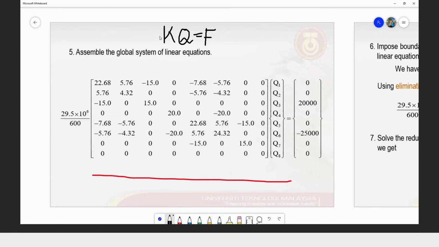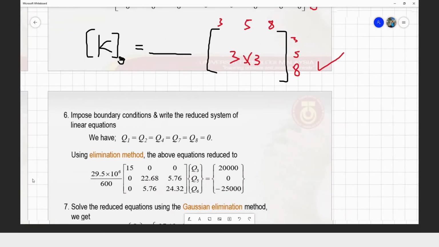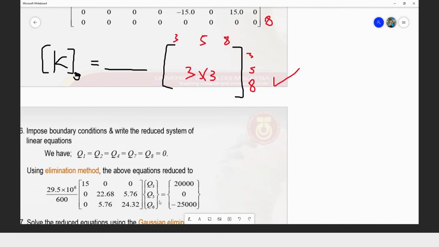Alright, we have done K just now. Q is just our unknowns. So kita list everything, Q1 until Q8. But in our case, tadi tu kita dah tak perlu nak tulis dia semua. We have our K, and this is our K matrix. So our Q is just Q3, Q5, and Q6 saja.